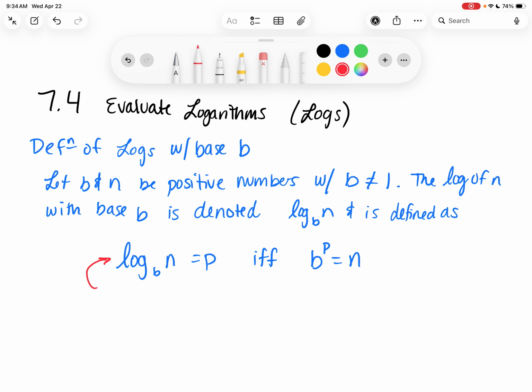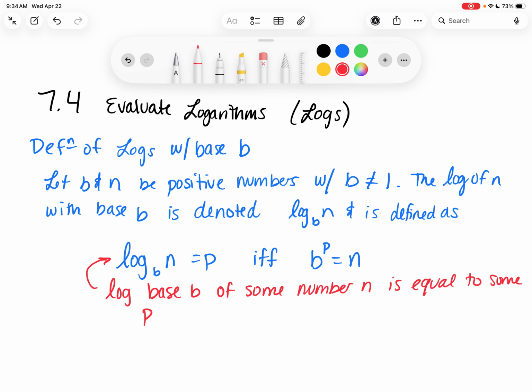All right, so this first thing that I have this red arrow drawn to is said as log base b of some number n is equal to some power p. And you're probably like, why in the world is she saying it that way?